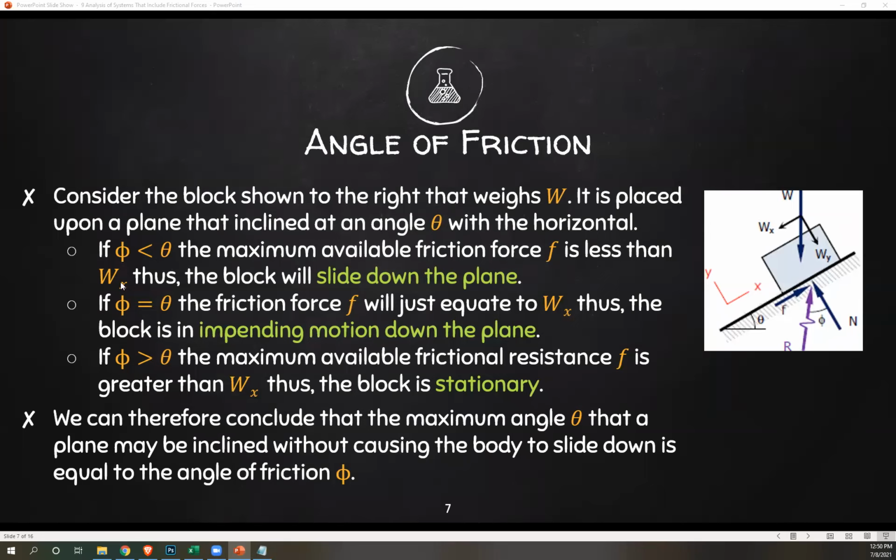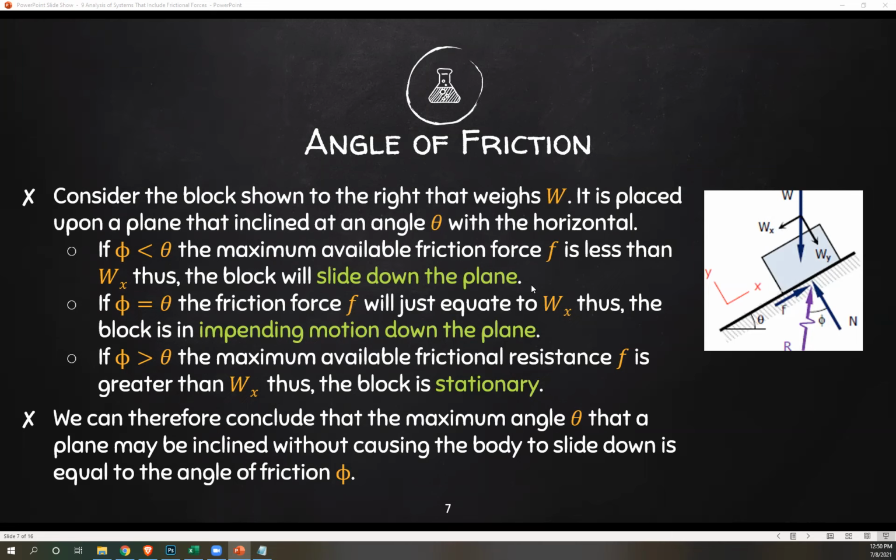If we rotate our axis, and consider the x-axis as the same axis as your incline, W sub x is a component parallel to that. F is also parallel to that. So if we do summation of forces in x, W sub x, which is always downward, would be greater than F, therefore the tendency of your object is to slide down.